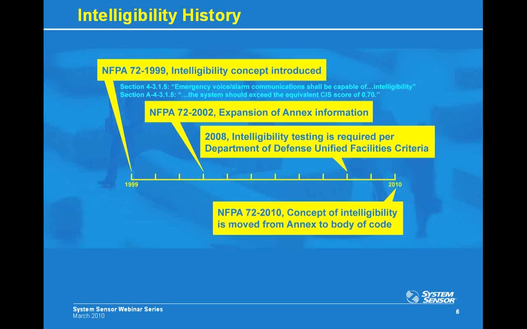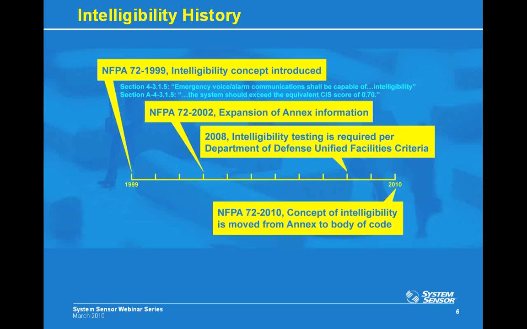As I just mentioned on a previous slide, the CIS is one of the ways to measure for intelligibility. Moving forward, in 2002, NFPA 72 expanded the information included in the annex on intelligibility to add some additional information. And then in 2007, we didn't see any additional changes to the code.